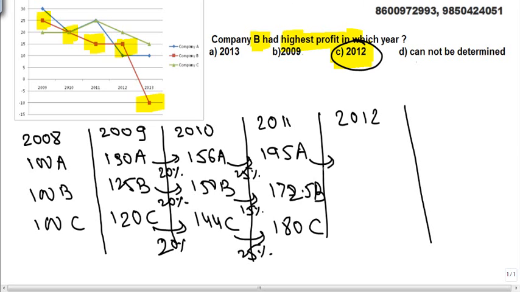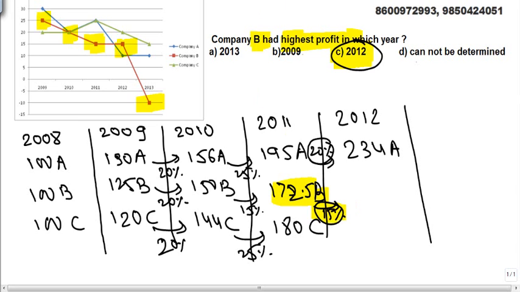Now 2012, 11 to 12, A increased by 20%. 20% of 195, 1/5 of that, an increase of 39, so 234A. B is increasing, from 11 to 12, B increased by 15%.